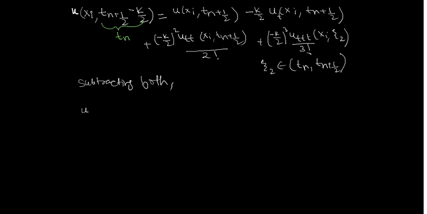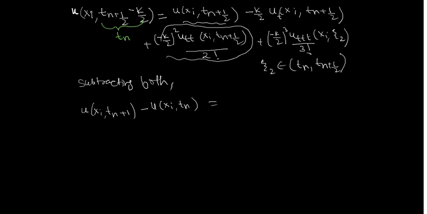So I should write u at x_i, T_n plus 1 minus u at x_i, T_n, equals: this term will be cancelled and this term will be cancelled, so these two terms cancel out.